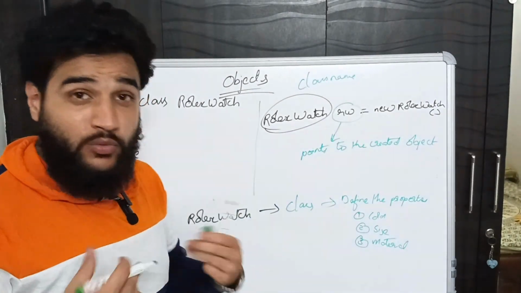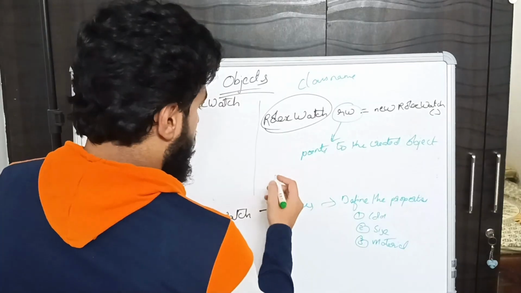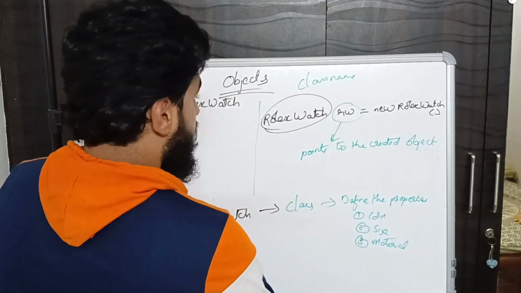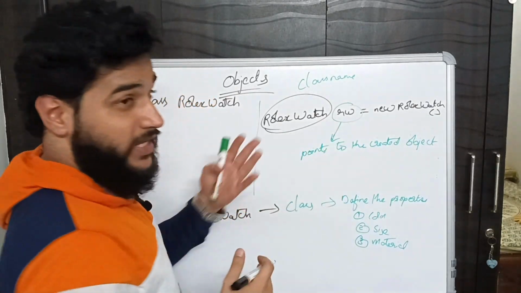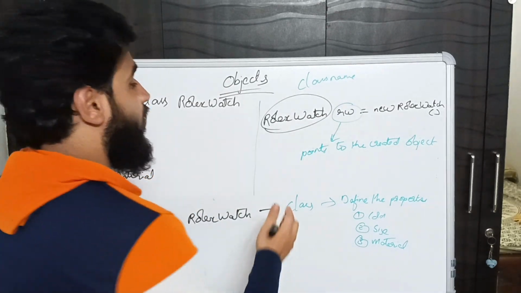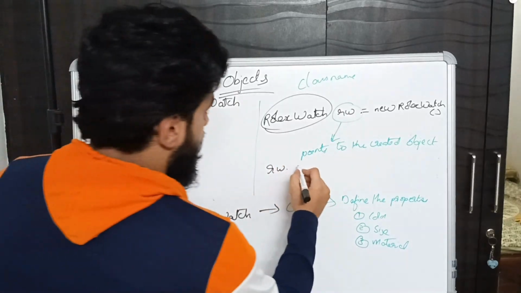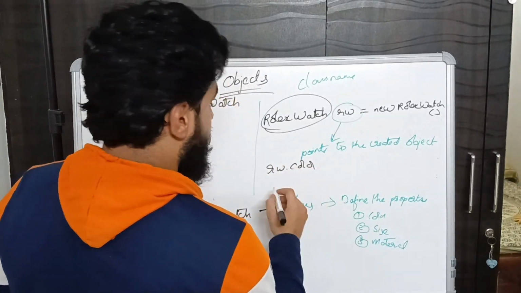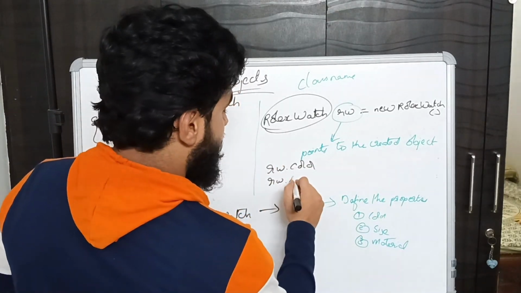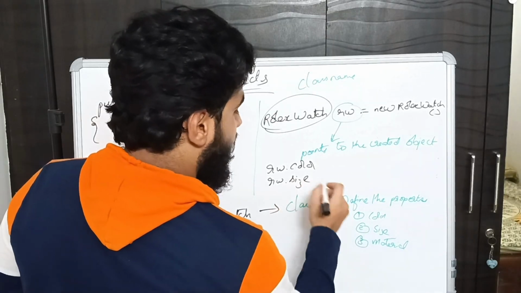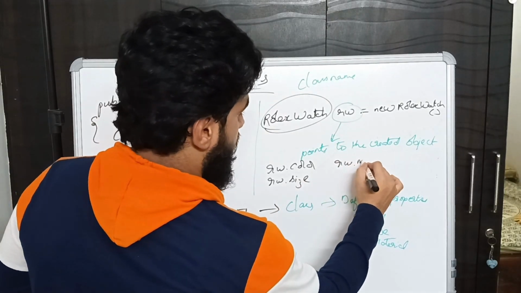Now, whenever we want to use this created object, we simply use this pointer that was returned by the JVM. We will write rw dot, well, get the color. You can get the size or you can get the material.